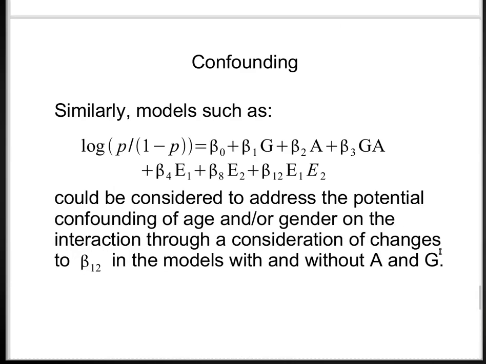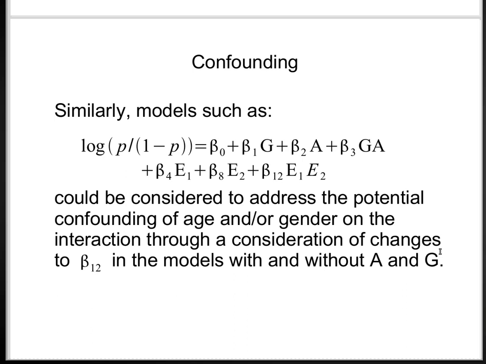Okay. Further, we can see that there are models that detail only the issues of confounding. In other words, if we take that complicated expression with the 16 terms and rule out all the terms that deal with modification, then we're left with issues concerning confounding. And in particular, it is our study of, in this instance, beta 12 here, which is the coefficient of the product of the two exposures, that we would wish to explore.